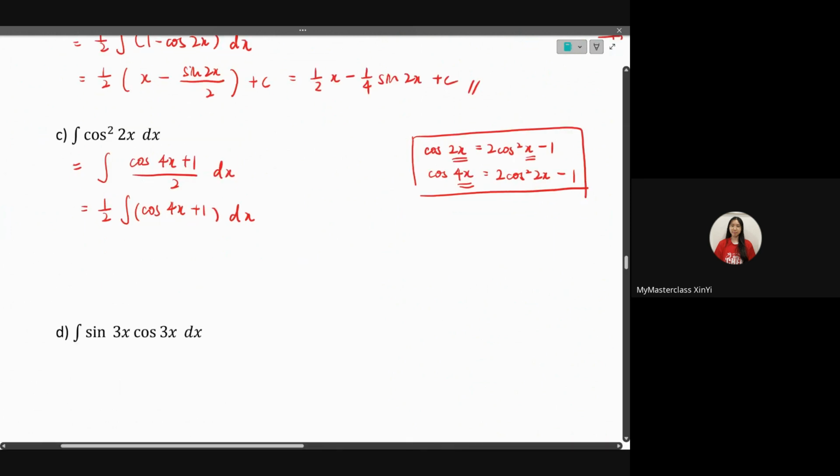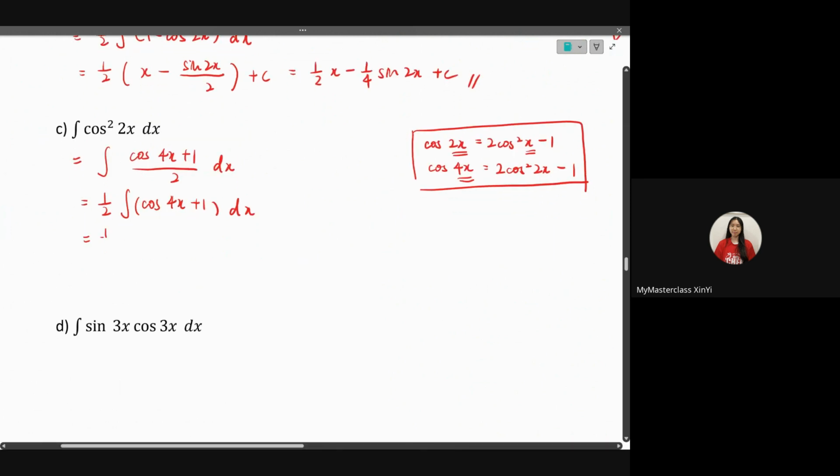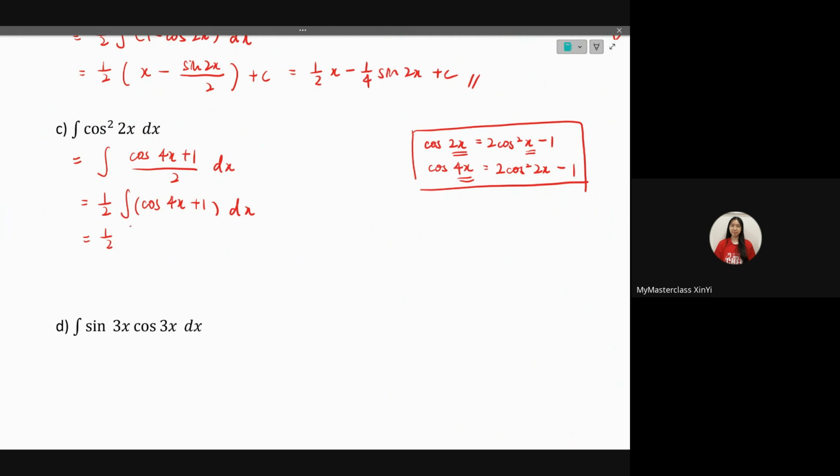So putting the half outside, when I integrate cosine 4x, I will get sine 4x divided by the differentiator of the angle, then plus x. Then when I simplify, I will get 1 over 8 sine 4x plus half x plus c.